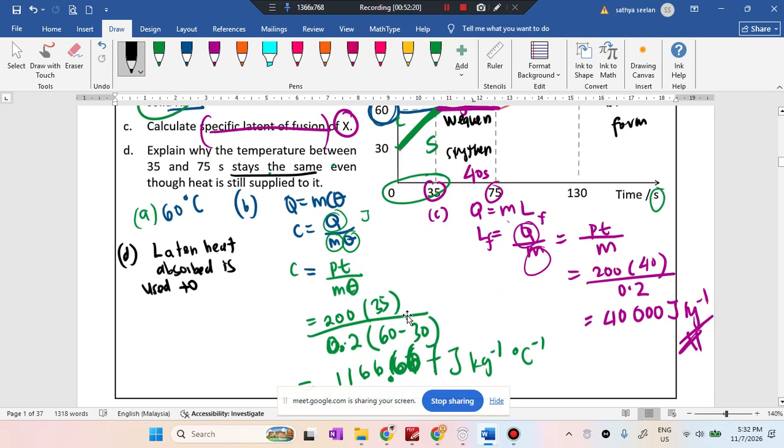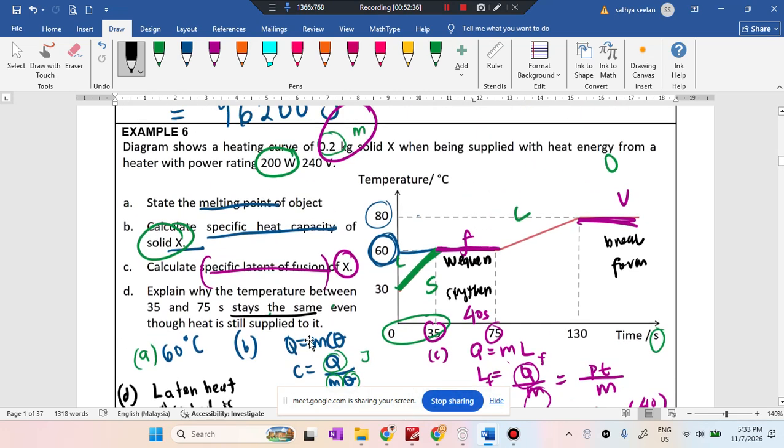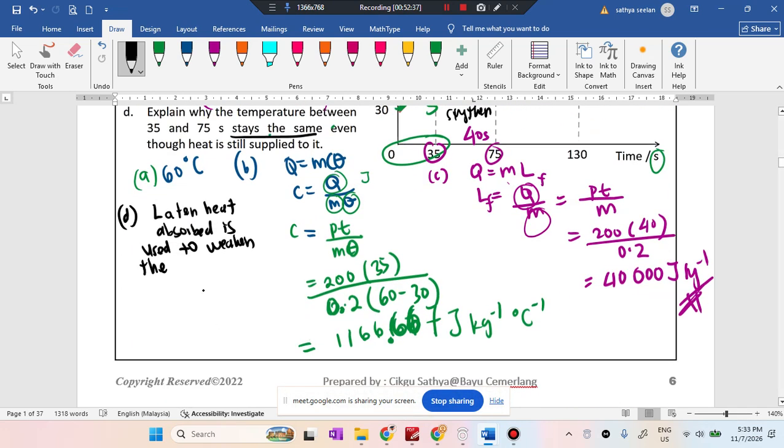So is used to weaken the molecules, what particles we don't know. Because this is solid X punya particle lah. Okay. Latent heat absorb is used to weaken the solid X particles.